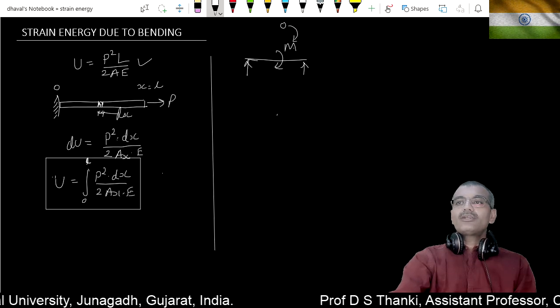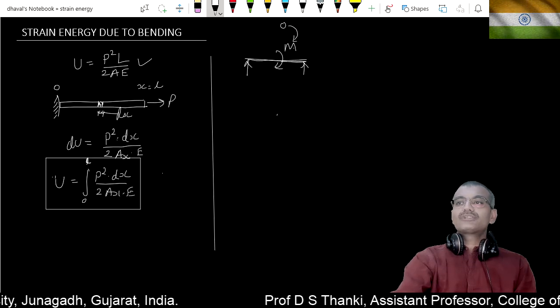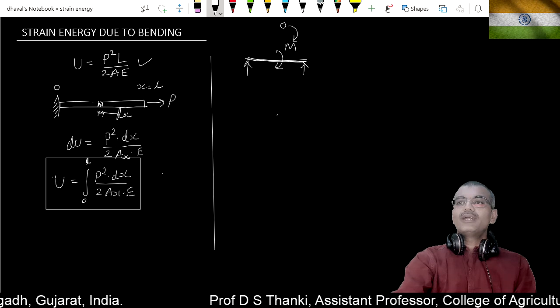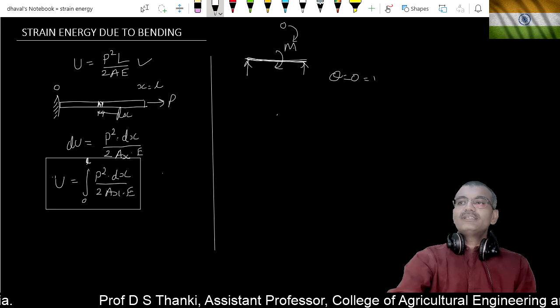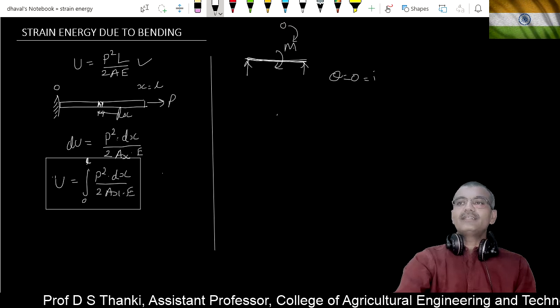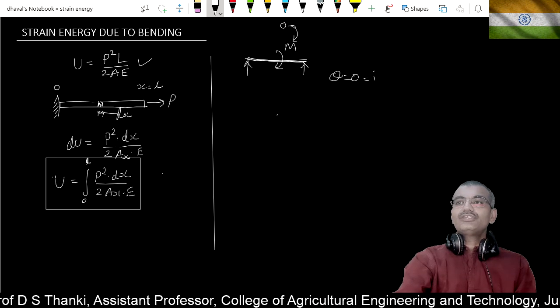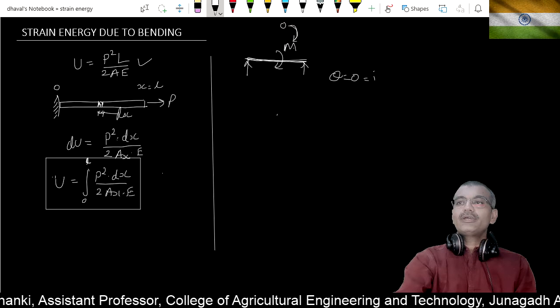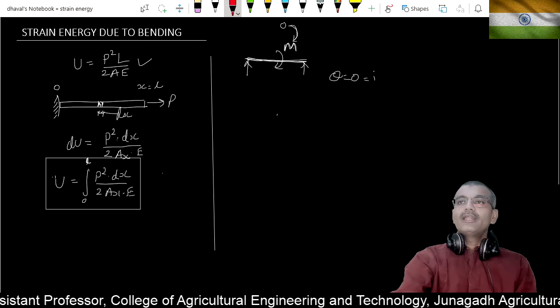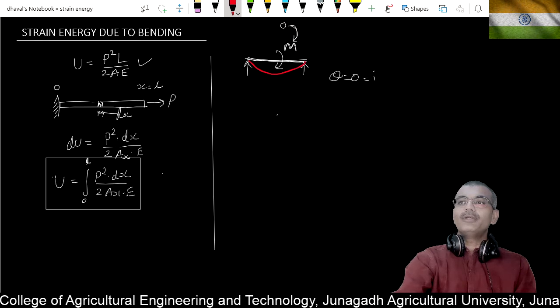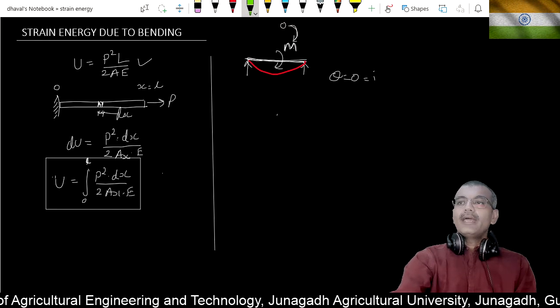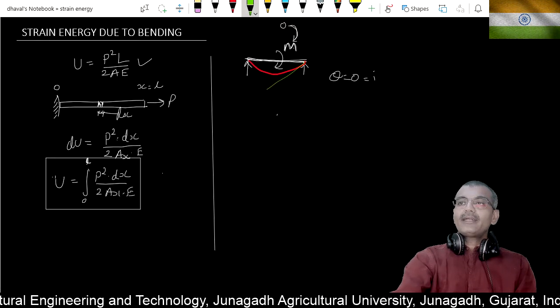at the end you have the slope. Suppose the slope is theta, which we denote as I, that is a slope. As you increase the magnitude of the moment, there will be a deformation of the beam, and a slope at each end.